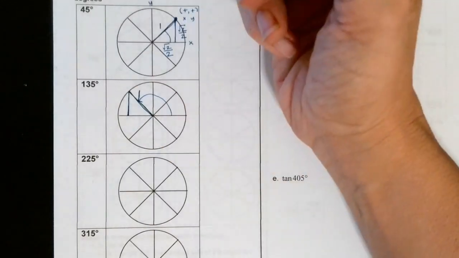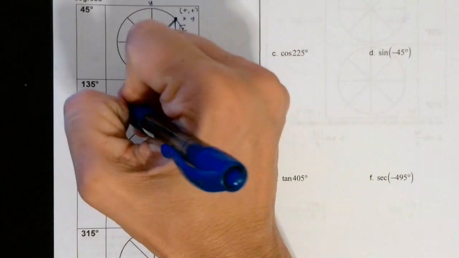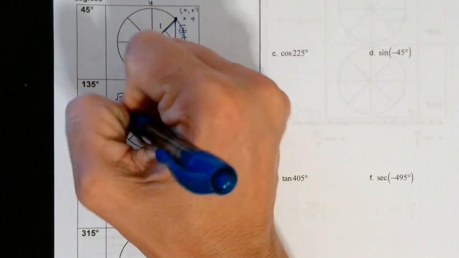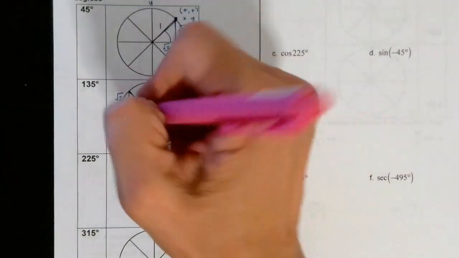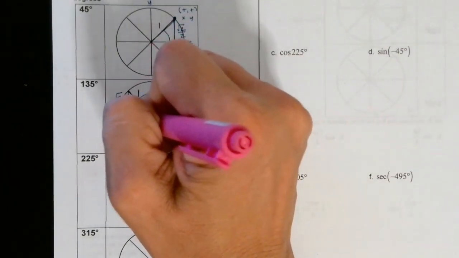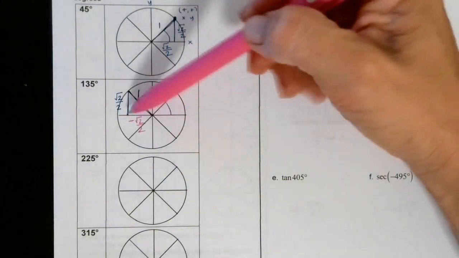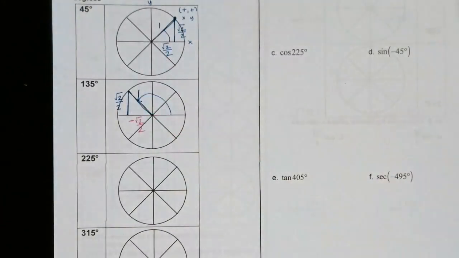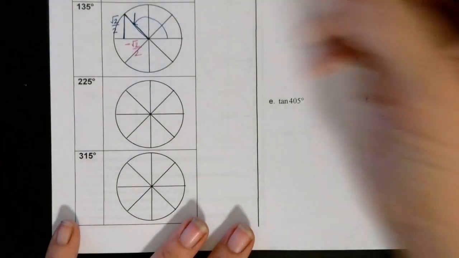You don't have to worry about positive or negative. This height is root 2 over 2 because I'm above the x-axis. But this side right here is negative root 2 over 2 because I'm to the left, and if I'm to the left, then it's going to be negative.